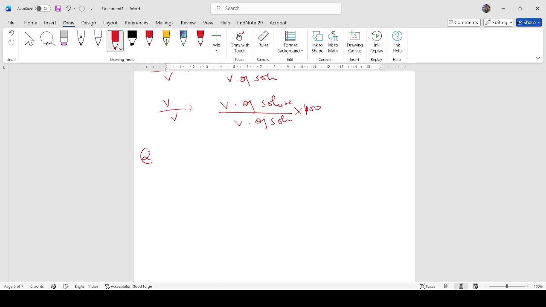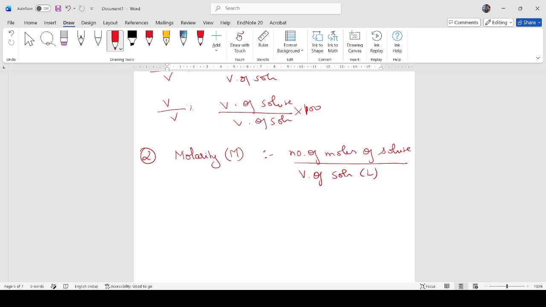The next concentration term is called molarity, which is given by the symbol capital M. This is nothing but number of moles of solute divided by volume of solution in liters.